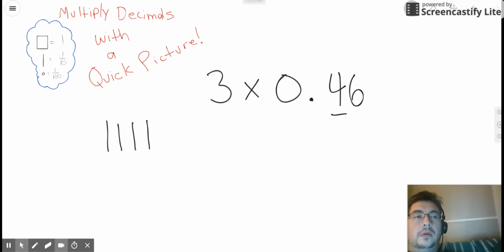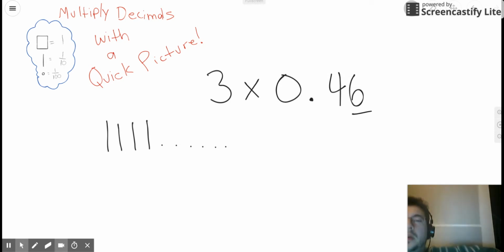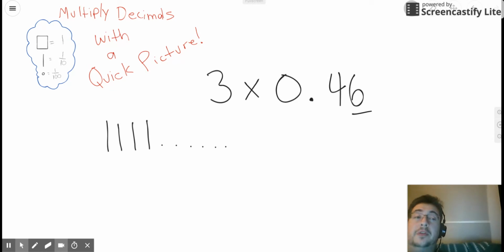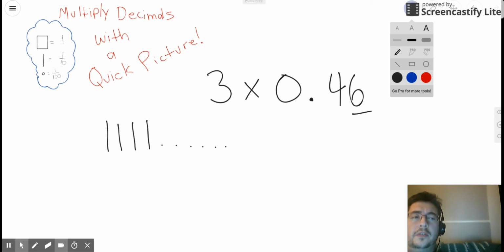And since we have a 6 in the hundredths place, we're going to draw 6 hundredths symbols. That's one group of 46 hundredths, but I want 3 groups of 46 hundredths. So I'm going to repeat this process 2 more times.